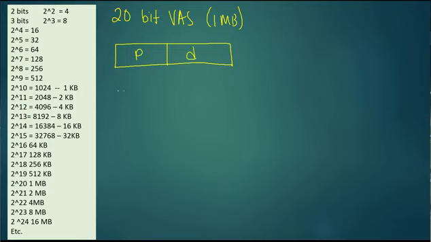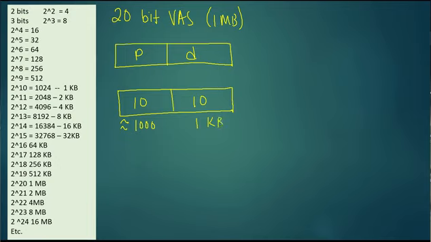Let's say we used 10 bits for the offset and 10 bits for the page number. That means that you would have approximately 1,000 pages, all of size 1 kilobyte.